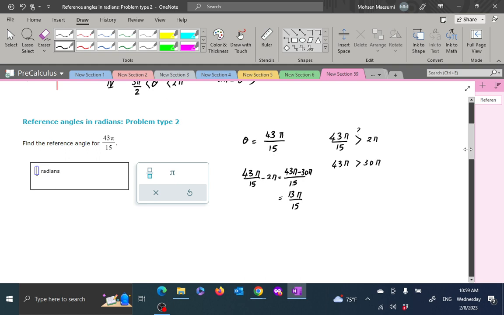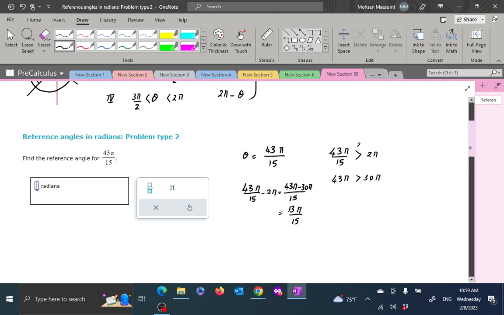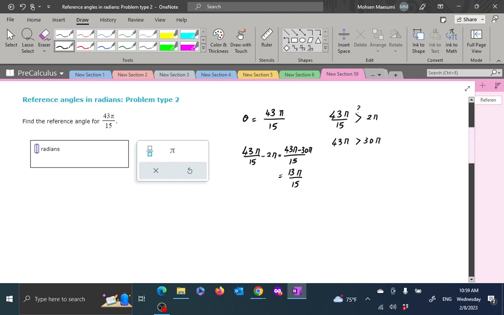This is obviously less than pi, because 13 over 15 is less than 1. If it's an angle less than pi, I haven't crossed this line, so it's either quadrant 1 or quadrant 2. We can quickly guess where it is because it's close to pi.